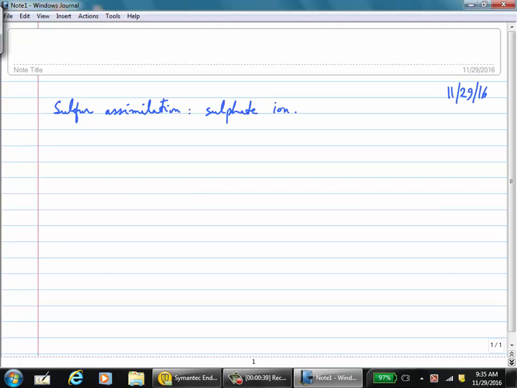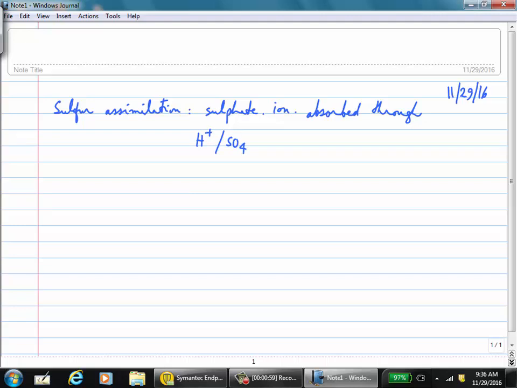And it's going to be drawn into the plant through a hydrogen ion, proton, sulfate symporter, right? So sulfate ion absorbed through H plus SO4 2 minus symporter, right?